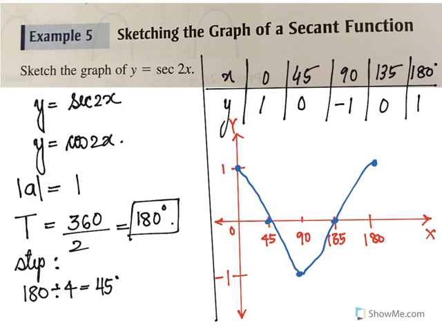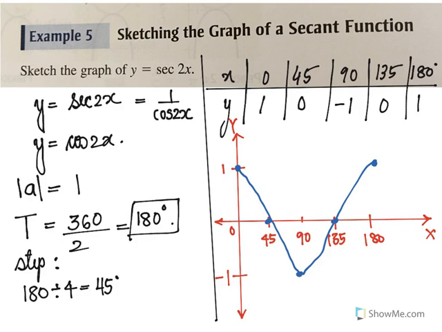The graph that you see right now is the graph of the cosine function. And I know that cosine is the reciprocal of the secant function.